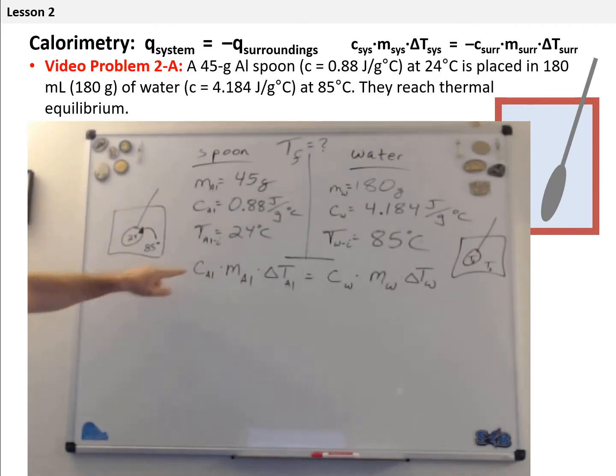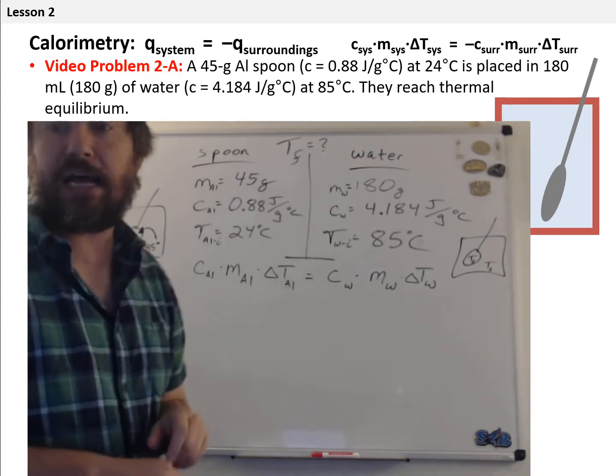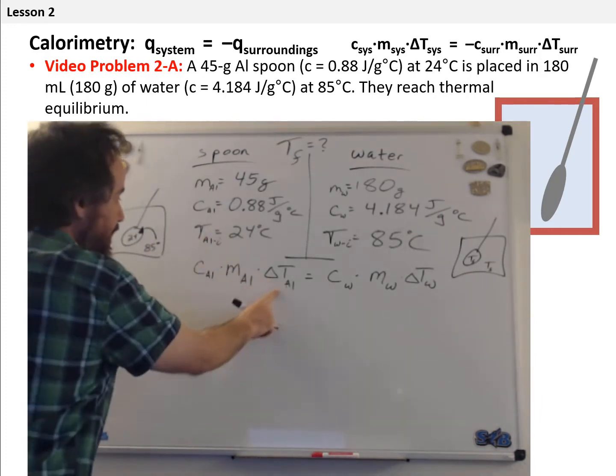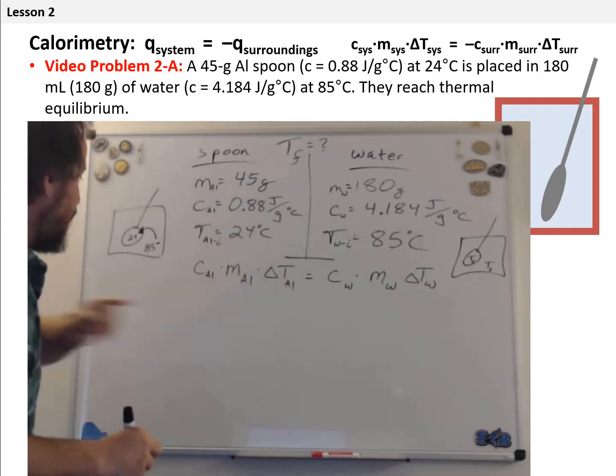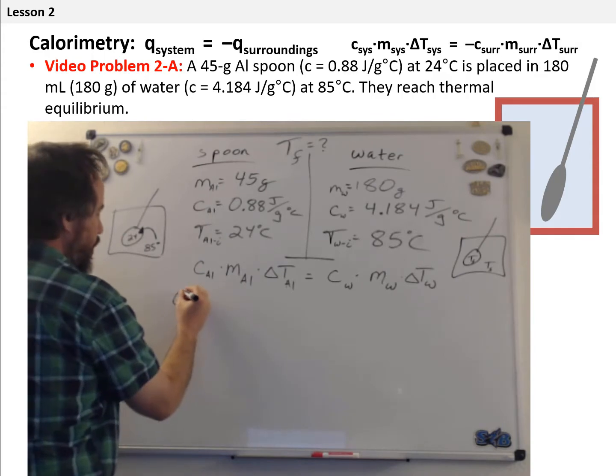We have C's, we have M's, we don't have delta T's. So let's realize that delta T is always T final minus initial. So let's plug in some stuff.